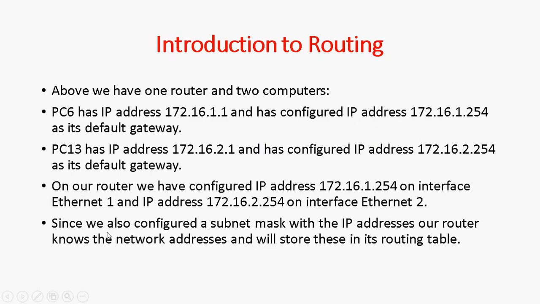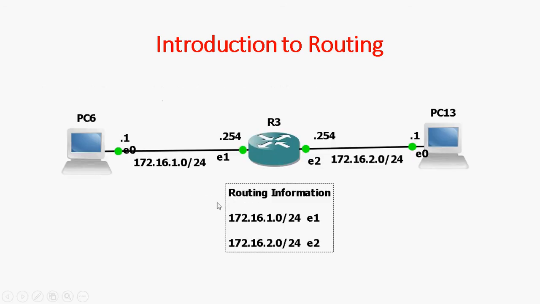Since we also configured a subnet mask with the IP address, our router knows the network address and will store it in the routing table. That's why in the routing information it stores the network ID and subnet mask, and through which port, Ethernet 1 or Ethernet 2. So it learns all the information in the R3 router.